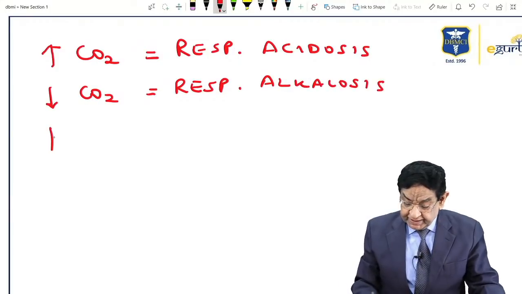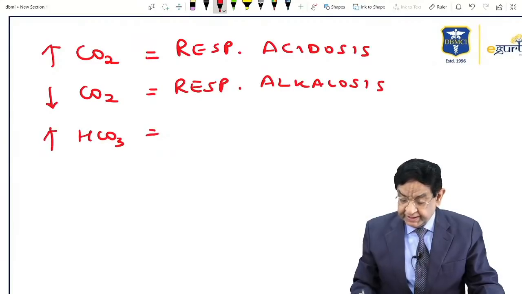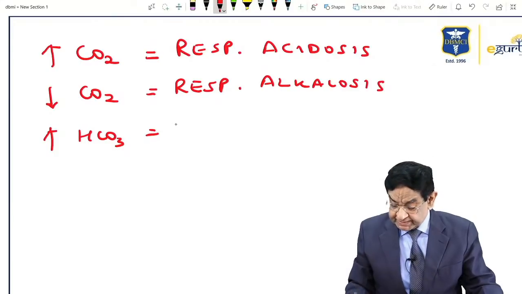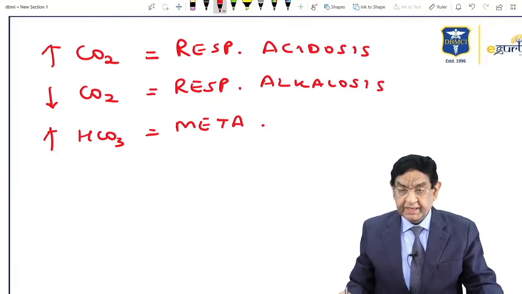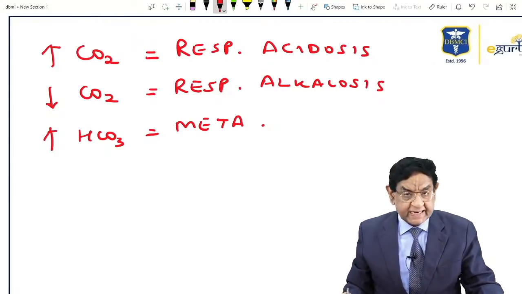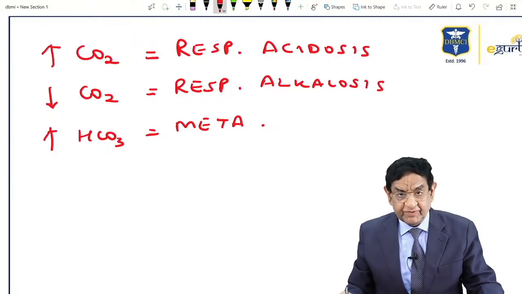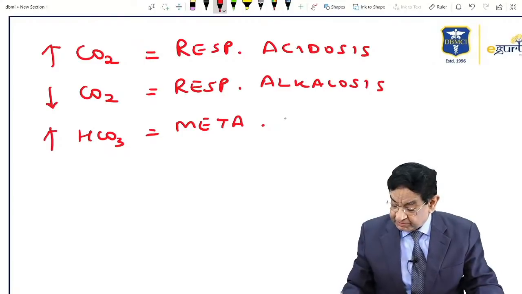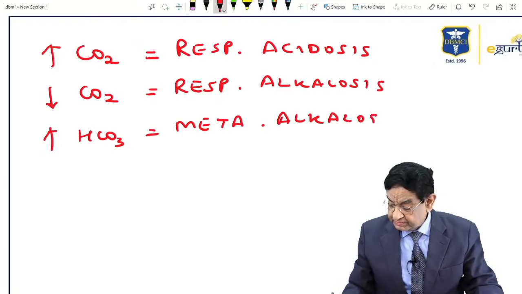We have an increased bicarbonate. What we learned just now: any problem of bicarb is metabolic, and we know bicarb is an alkali. Gain of alkali leads to what? Alkalosis.